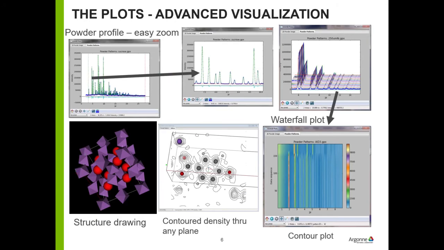Okay, the plots. What we try to do in the plots is display anything that would benefit from a visual representation. So this includes certainly a powder pattern, where you get observed and calculated intensities, a difference curve, background curve, tick marks to show the reflection positions, and so forth.